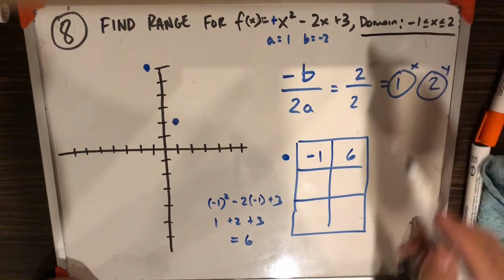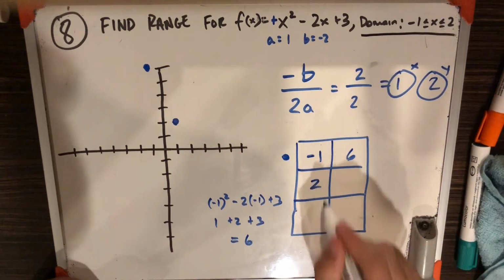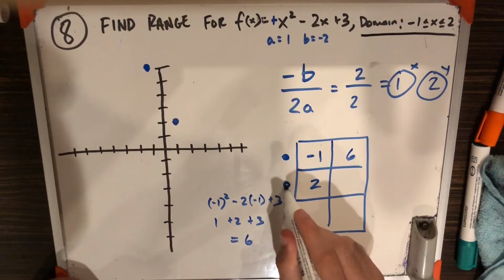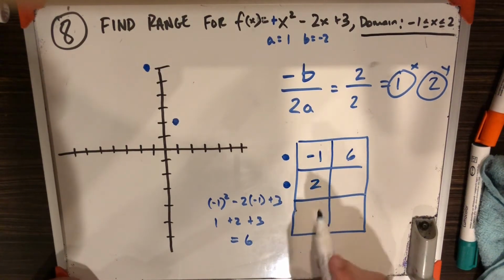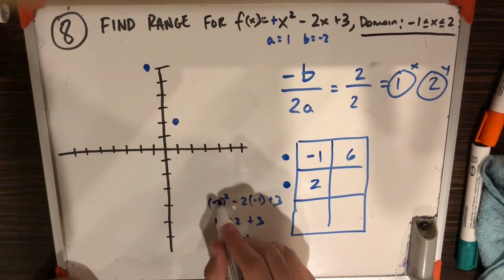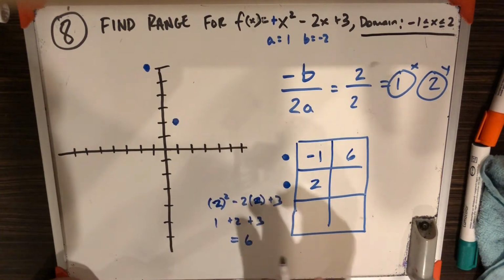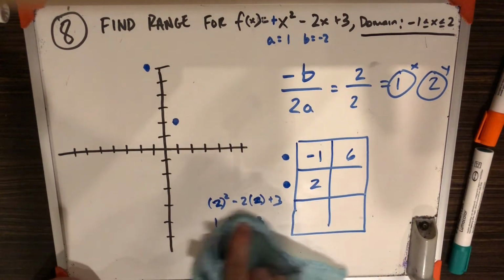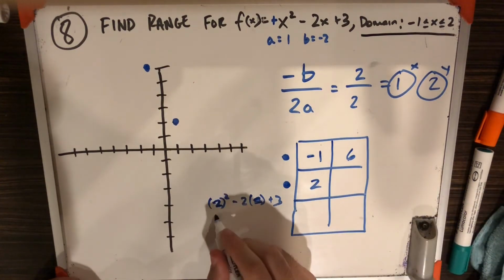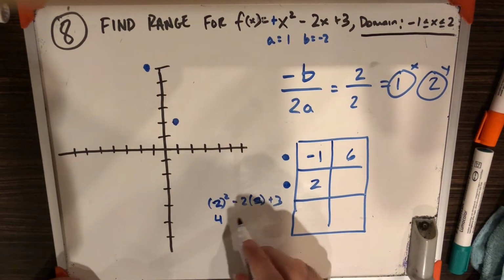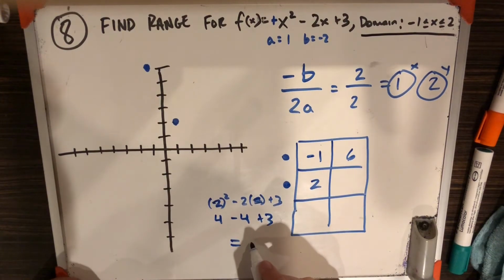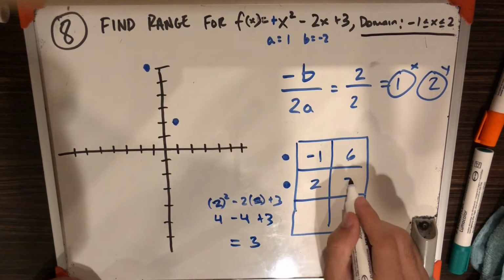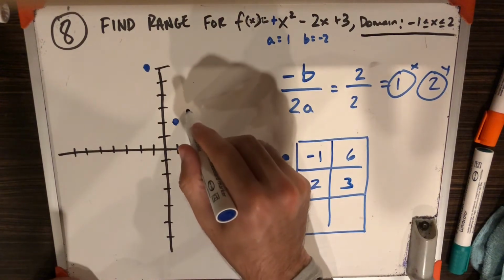It was included. When you plug in 2, again, this is going to be included as well. When we plug in 2, let's see what we end up getting here. That ends up being 4, negative 4, and then plus 3. This ends up being just 3. So 2 and 3 would end up being right here.